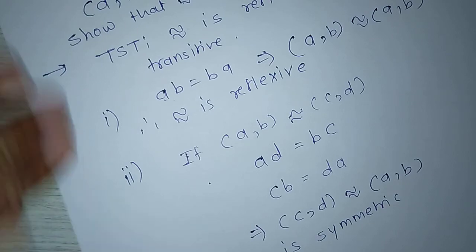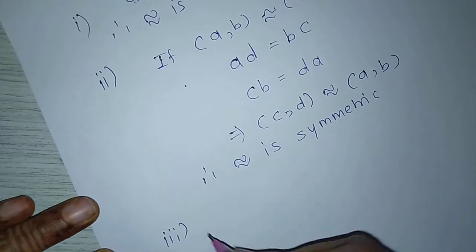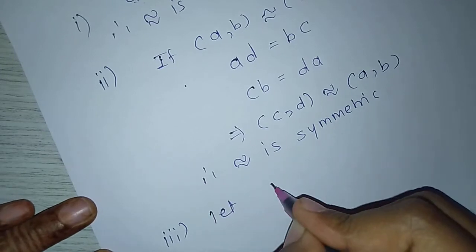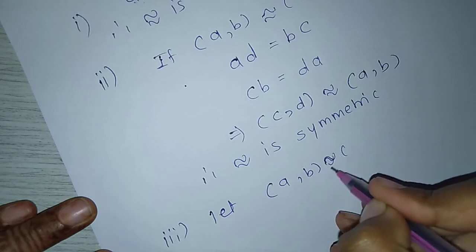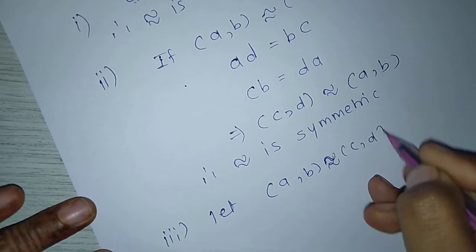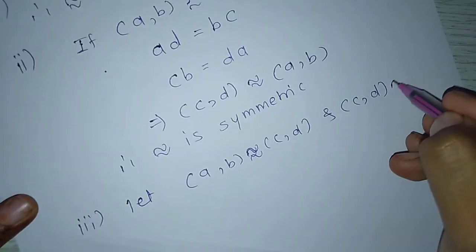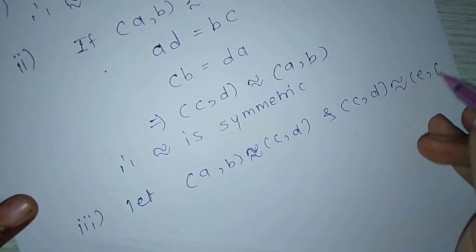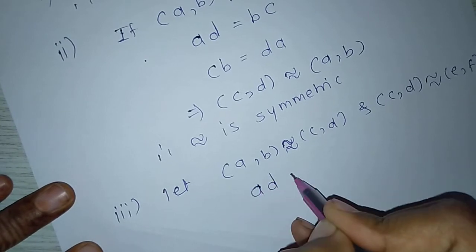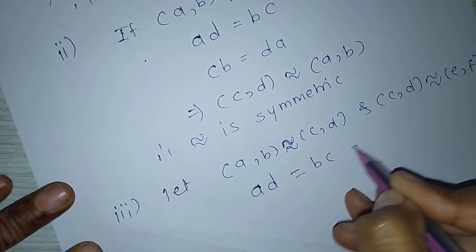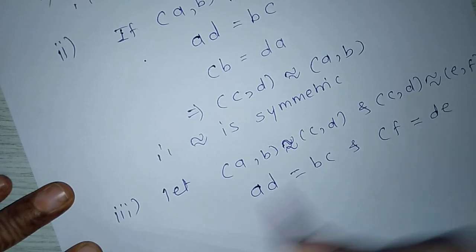Third, to show that it is transitive, let (a, b) similar to (c, d) and (c, d) similar to (e, f). We get ad equal to bc and cf equal to de.